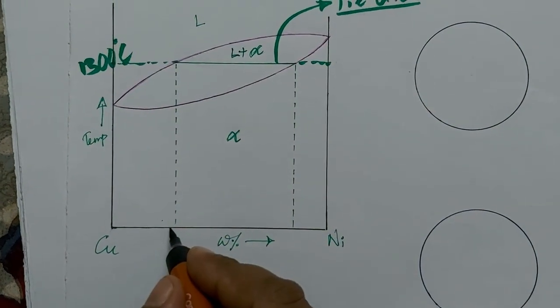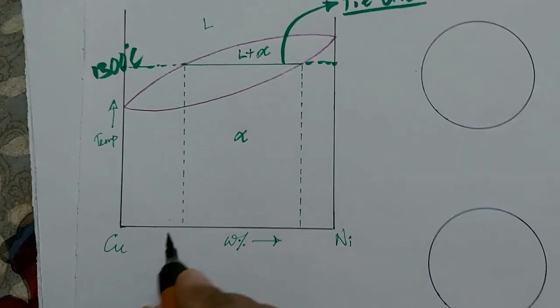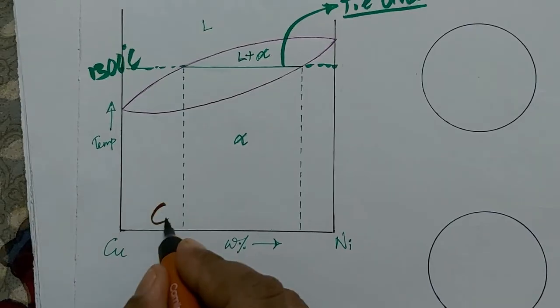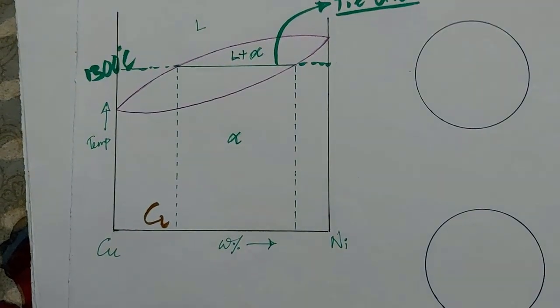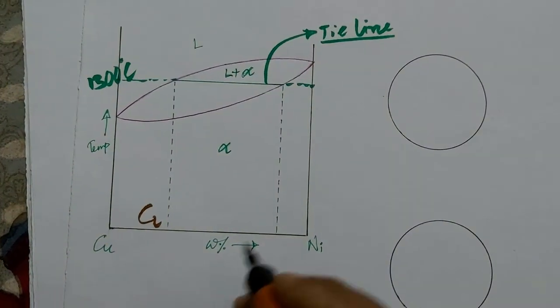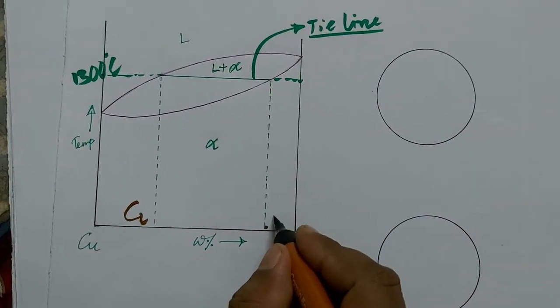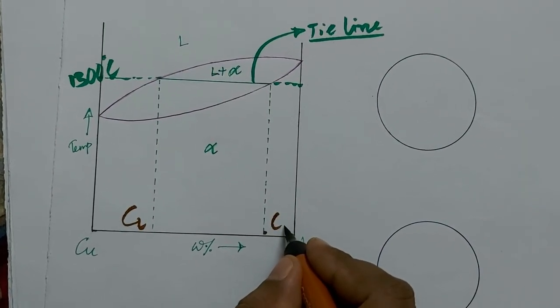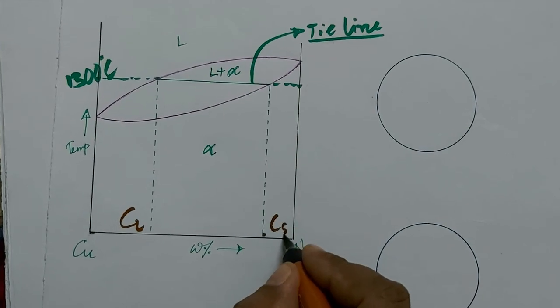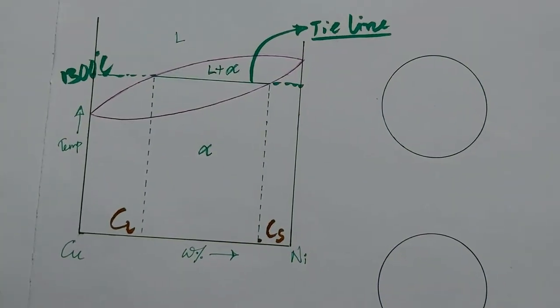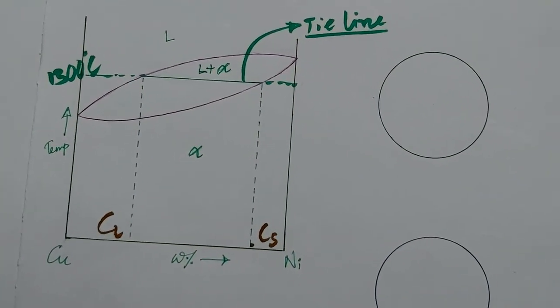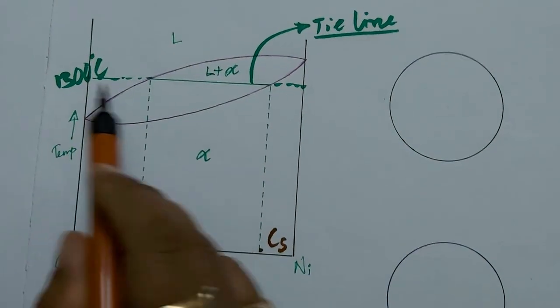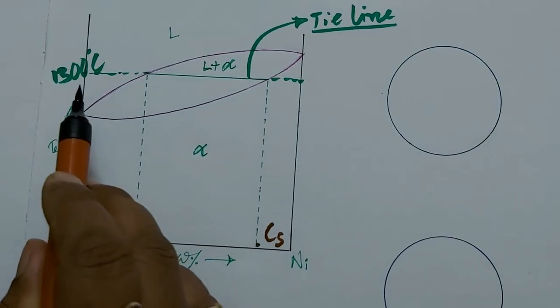Let us say at this point the composition is Cl, and at this point the composition is C alpha or Cs. Let us say Cs. And the temperature is constant.